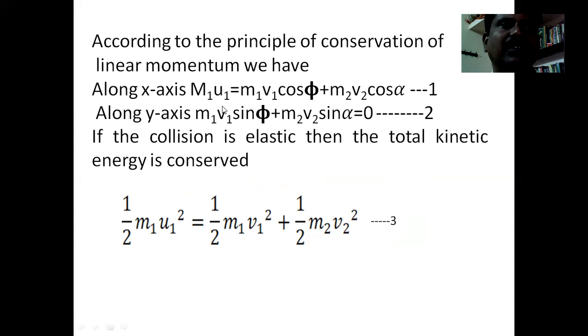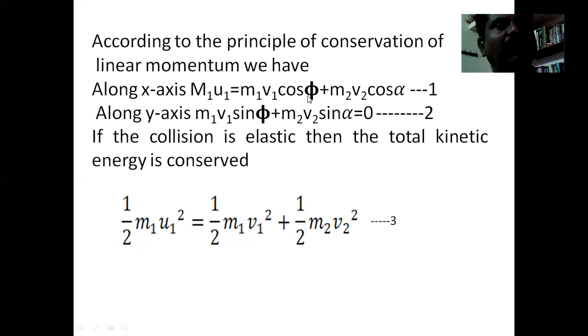The first particle moves with velocity u1 and the second is at rest, so m1 u1 equals m1 v1 cos phi plus m2 v2 cos alpha. Let's say this is equation number 1.